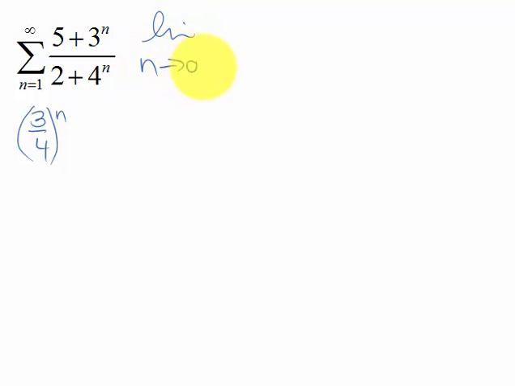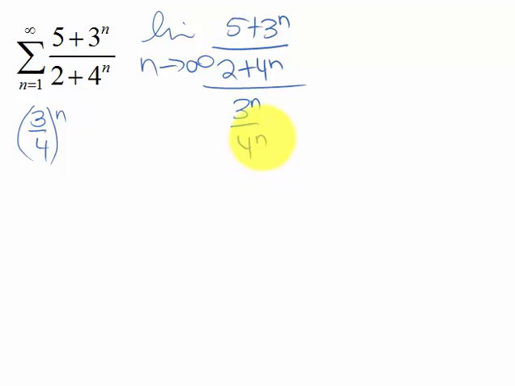So I have the limit as n goes to infinity of (5 + 3^n) over (2 + 4^n). And so then I am going to divide that by 3^n over 4^n, setting this up for our limit comparison. Now I'm going to flip this over and multiply, so I have 4^n over 3^n here.